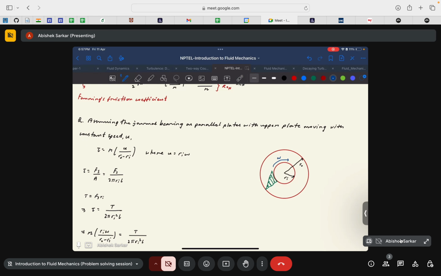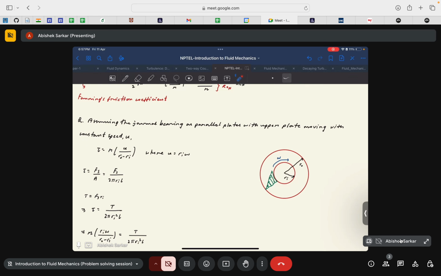It is generating a flow which in the thin gap limit can be assumed as a Couette flow, where the upper plate is the inner cylinder and the lower plate is the outer cylinder. So we have the shear stress tau as mu U by h, which is the formula for the shear stress in the case of Couette flow.